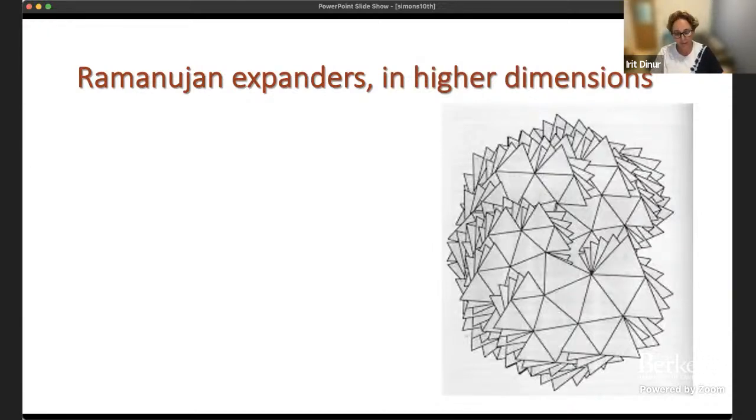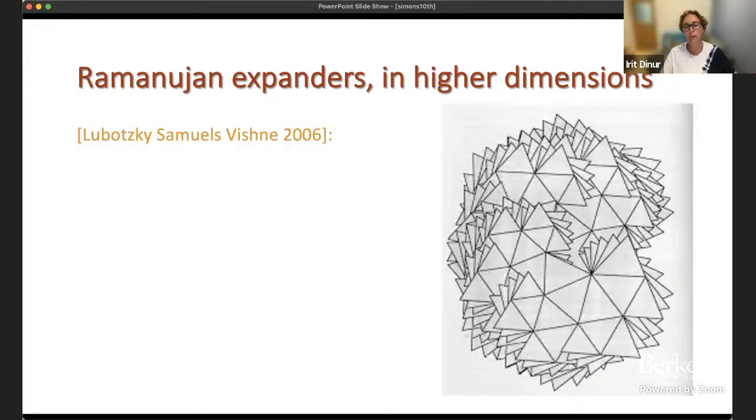Following this tremendous success, Lubotzky, Samuels, and Vishne, almost 20 years later, thought maybe we should try to continue this line of work in higher dimensions. Just like there is an infinite tree, there are also higher dimensional analogs. This one is called the Bruhat-Tits building. It is just like a graph where you have vertices and edges, but instead of stopping there, you also have higher dimensional faces.